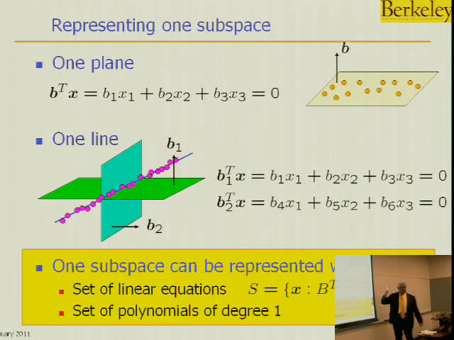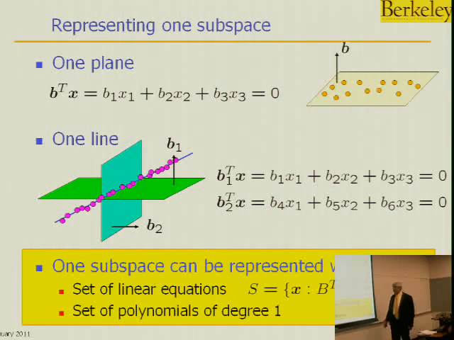There's always a unique normal vector associated with the subspace. In 3 dimensions, the way you represent a subspace of dimension 2 in R3 is by a single normal, which is B transpose X equals 0. This vector B is considered the normal to the subspace.